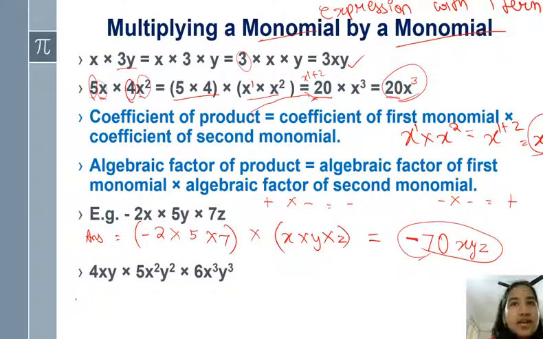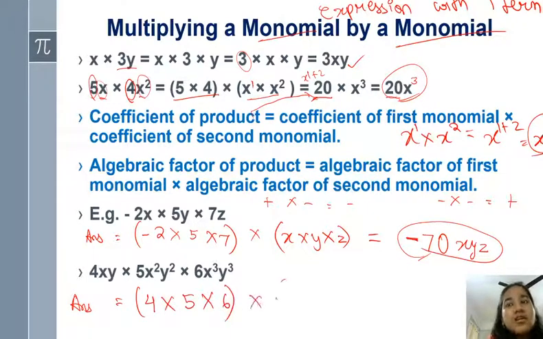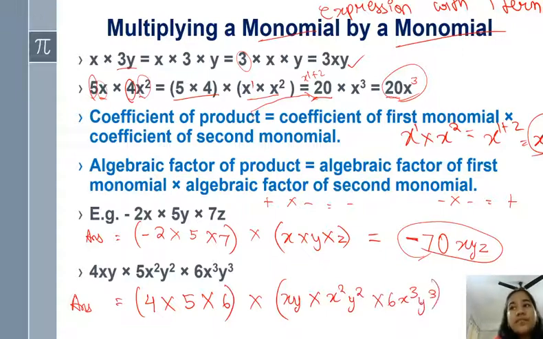We are again just going to multiply the coefficients first, and then the algebraic factors. 4xy into 5x square y square into 6x cube y cube is equal to 4 into 5 into 6.